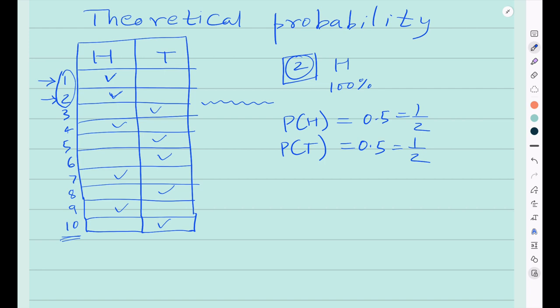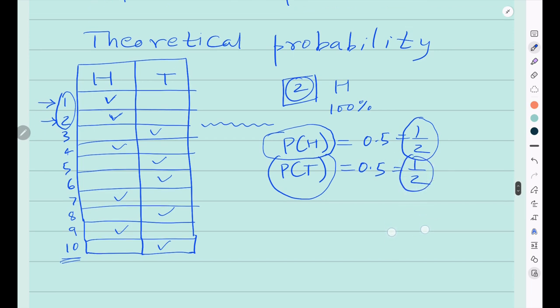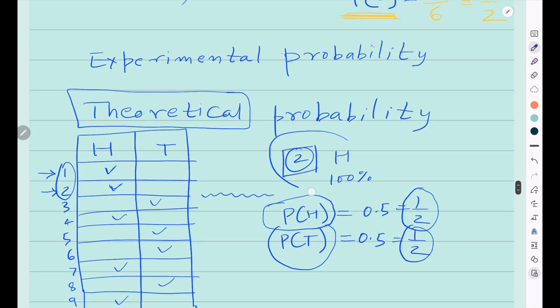But somehow certain invisible powers are working, which is compelling the probability of getting heads towards 1 by 2, and similarly the probability of getting tails towards 1 by 2. And that is called theoretical probability. And what we got here, we just tossed it 2 times and got 100% head, that is experimental probability.